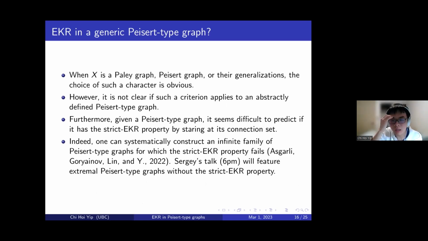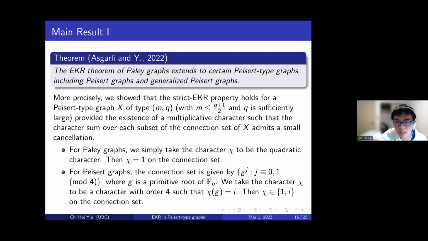helpful. So by abstractly defined Peisert type graph, I mean we are just given the connection set, and perhaps we have the decomposition of the connection set as the union of FQ sets. But it's not clear that we can find such a character, because this assumption is really restrictive, because we want the character sum over each subset of the connection set of X to admit a small cancellation.